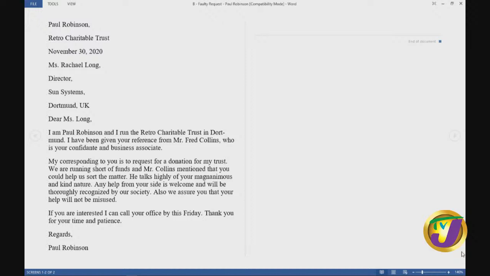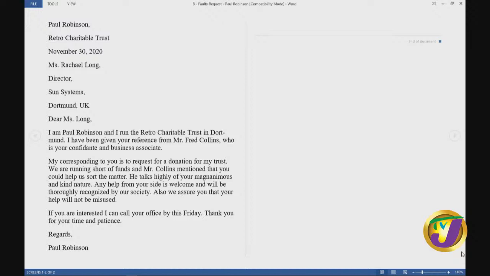So pay close attention. What do you see in the address that should or should not be there? What do you see happening in the salutation that should or should not be there? Read the body carefully.